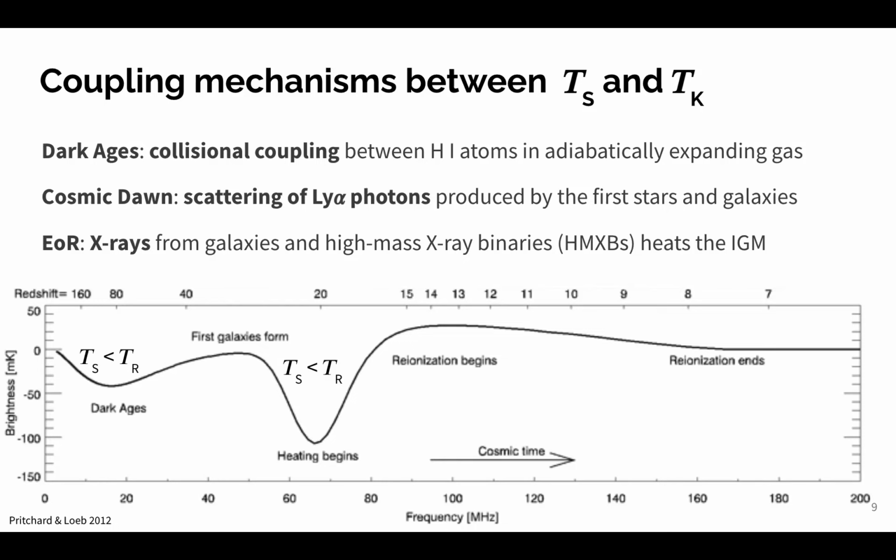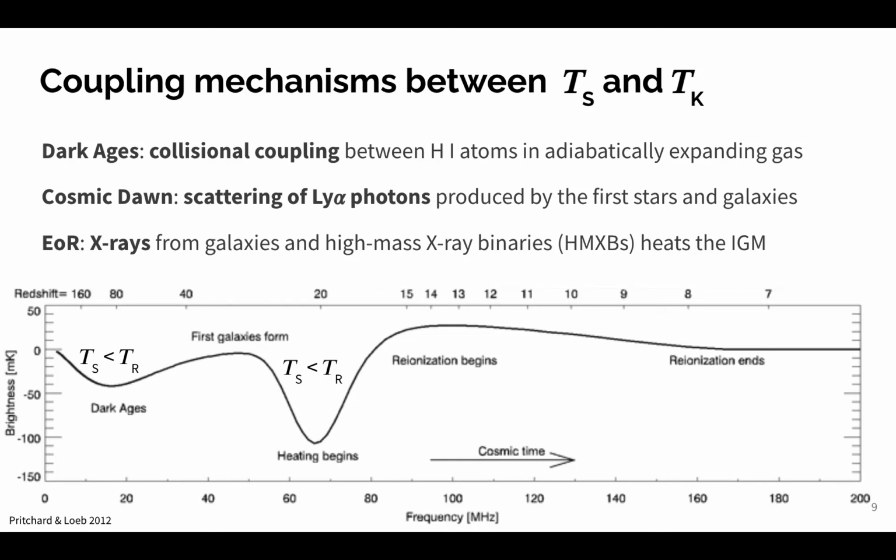They release a lot of intense UV radiation into the environment in the form of Lyman series photons, Lyman alpha. Those Lyman alpha photons scatter off of neutral hydrogen atoms, and that causes a spin transition to occur. That's another coupling mechanism between the spin temperature and the gas kinetic temperature at the start of the cosmic dawn, due to the UV radiation released by the first stars and galaxies.